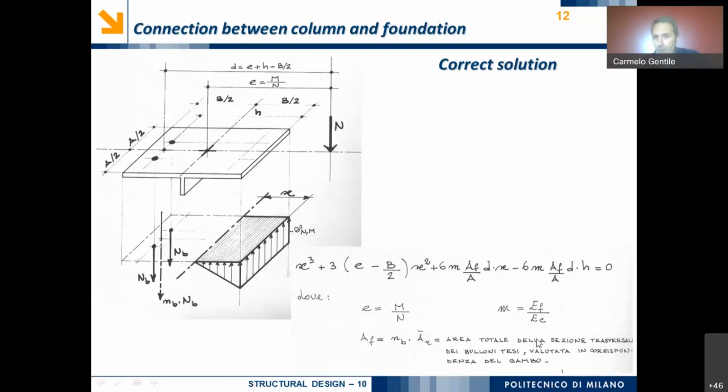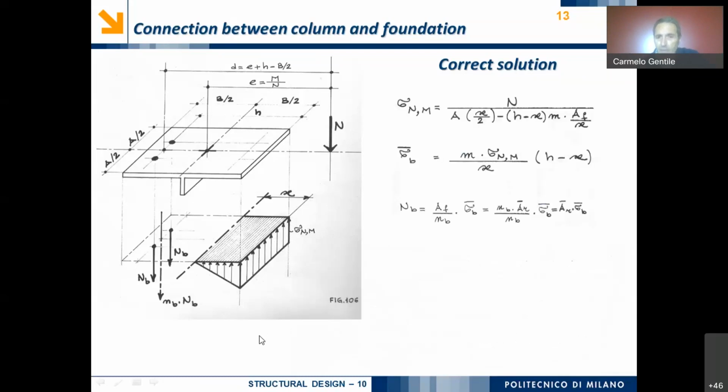But once I have evaluated the position of x, of the neutral axis, of course, I also have to evaluate the value of the contact stresses at the interface with the concrete, and I also have to obtain the value of the stress in the steel.